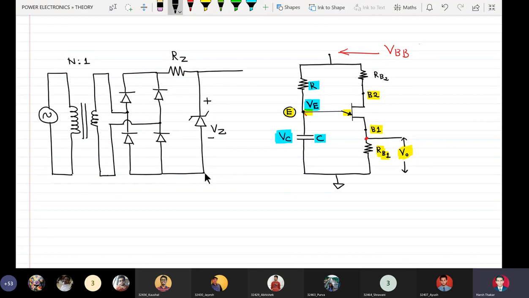And this now becomes my biasing voltage. So here I have 230 volts mains, 230 volts RMS.